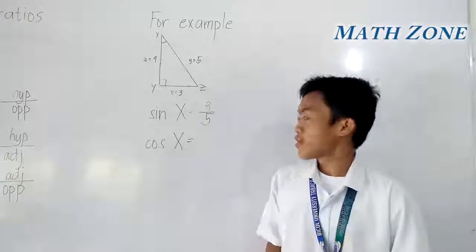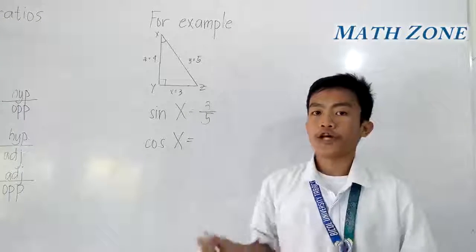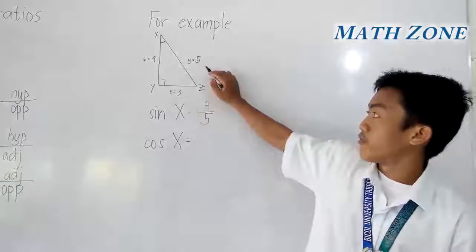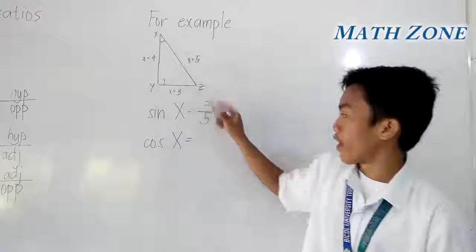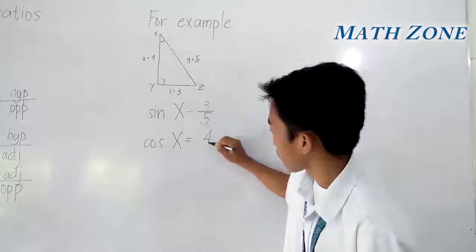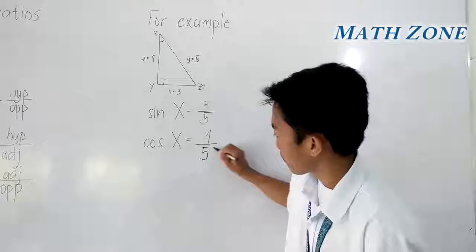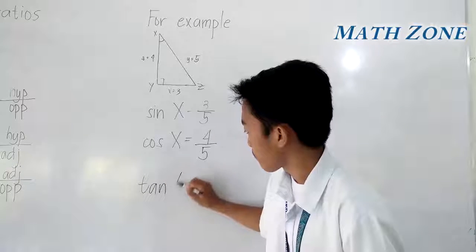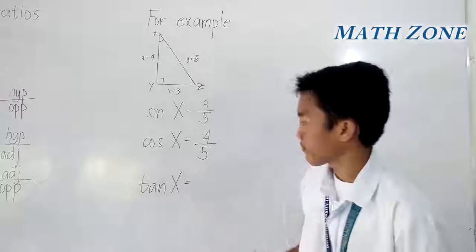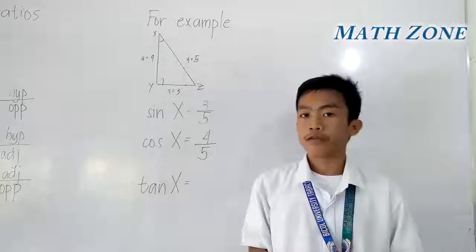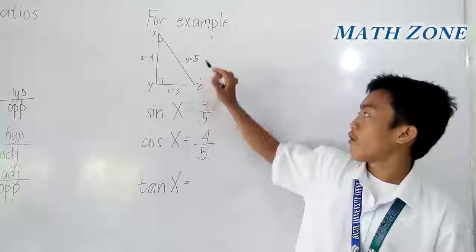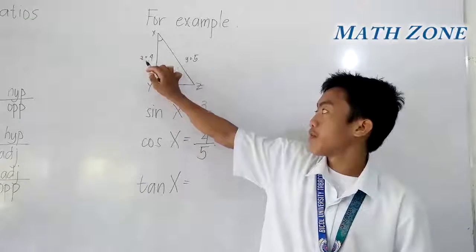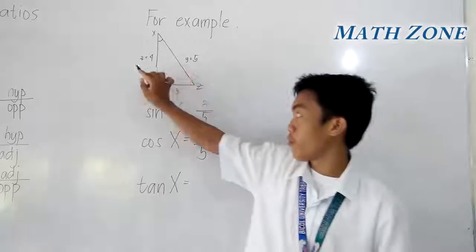Cosine X is equal to the measure of the adjacent side over the measure of the hypotenuse, which is equal to 4 over 5. Tangent X is equal to the measure of the opposite side over the measure of the adjacent side, which is equal to 3 over 4.